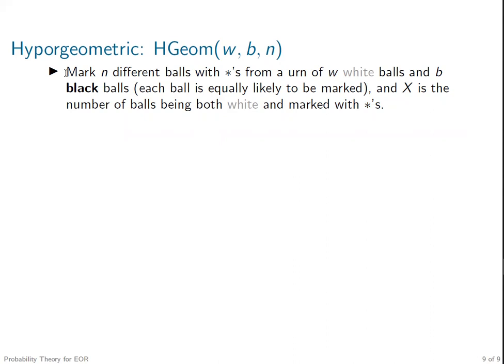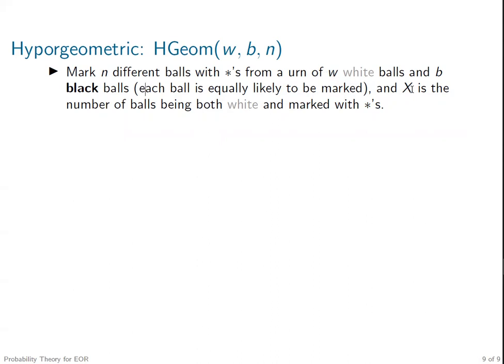Suppose we're going to mark N different balls with stars from an urn with W white balls and B black balls. And each ball is equally likely to be marked with stars. So we're going to pick arbitrarily N balls from these W plus B balls and mark these balls with stars.